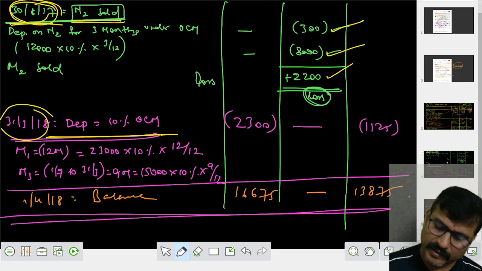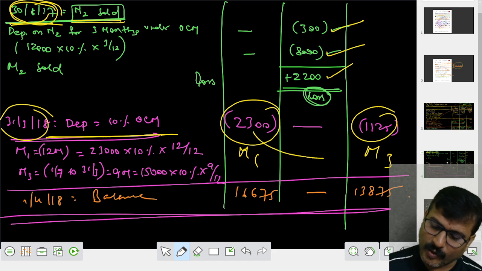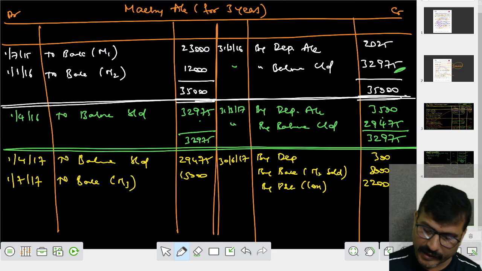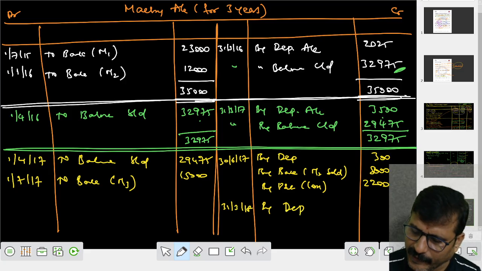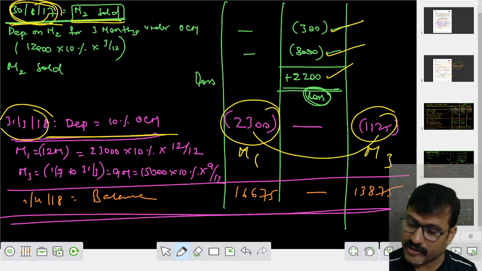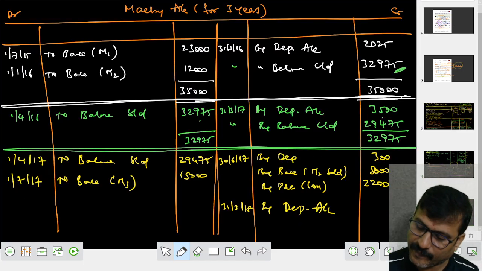Depreciation on M1 and depreciation on M3. You work out a total. That total is to be written here. On 31st March 18, by depreciation account, my dear children, you work out both the depreciations, 2,300 and 1,125. It comes to 3,425.